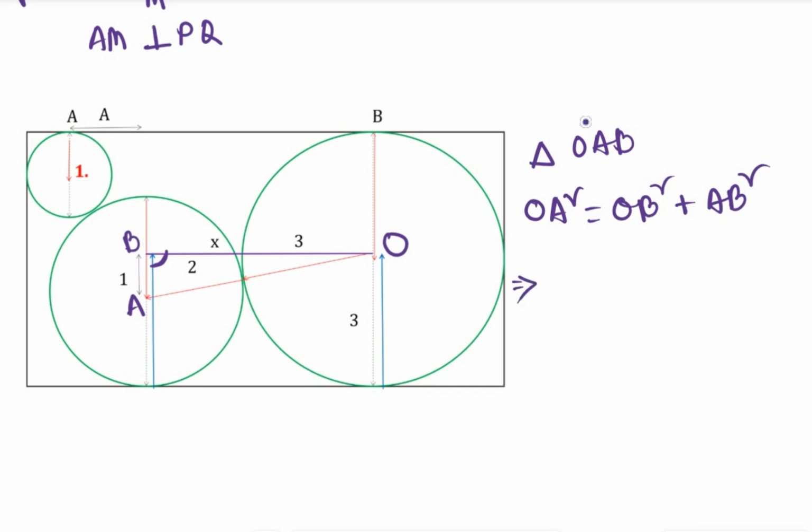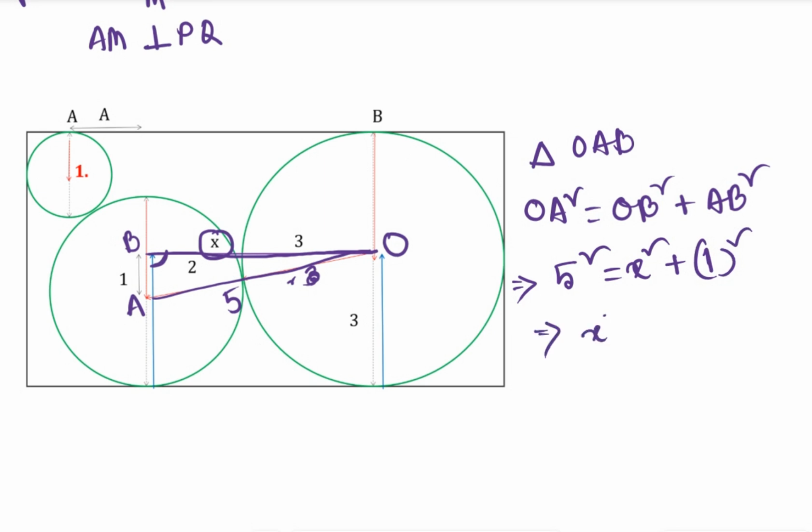We have got OB as X, and up to this one is 3, 2, so it will be 5 actually. So OA is 5 square, OB is X square, plus AB is 1 whole square. So X square equals 25 minus 1. So it will be 24.